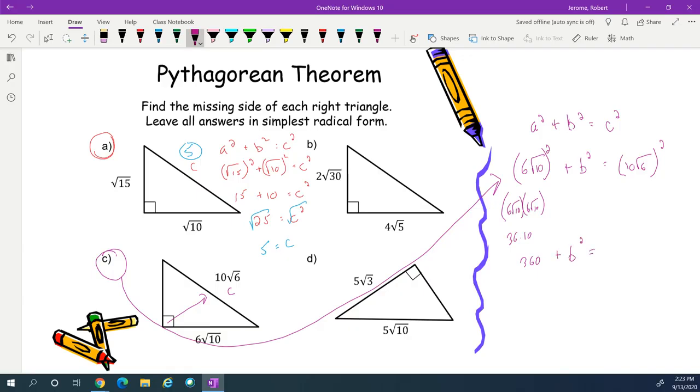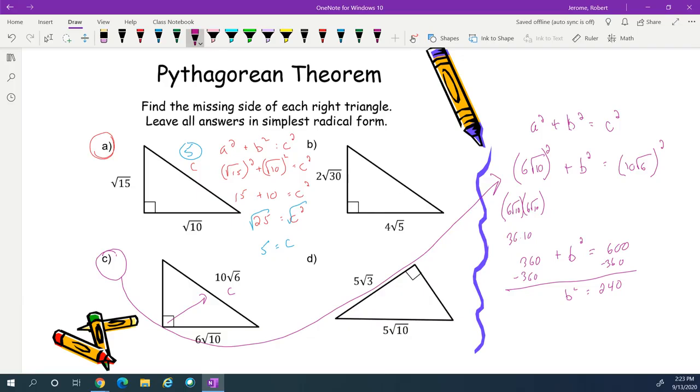And this is why we reviewed radicals at the beginning. And 10 square root of 6 squared is 600. We're going to subtract 360 from both sides. B squared equals, so we have our 600 minus 360 for 240.